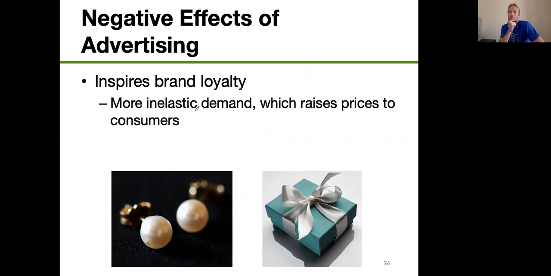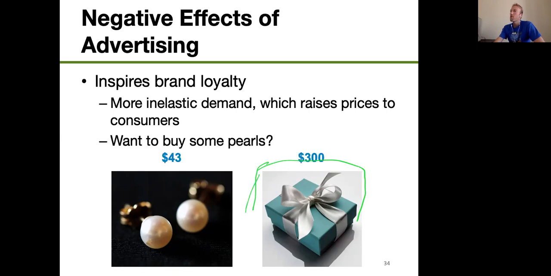Okay? So if you look at these pictures, look at this one on the right. What is that? You recognize that blue box, right? If you ever want to buy a gift for a significant other in your life, you might be persuaded to go to the store. What is it? Yes, it's Tiffany's, right? Whatever you're going to spend $300 on at Tiffany's, you can buy at Walmart, probably just as good, for $43, right?